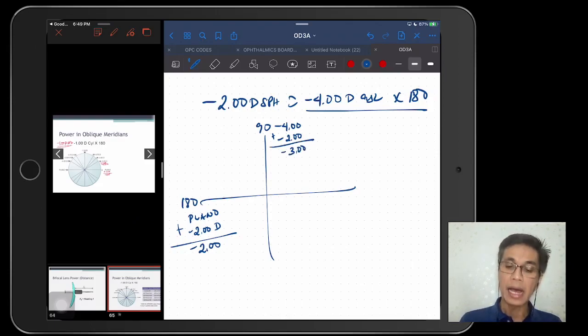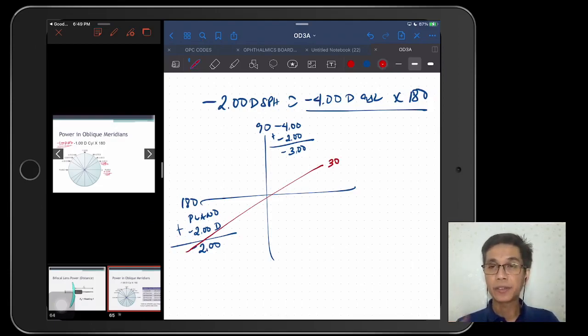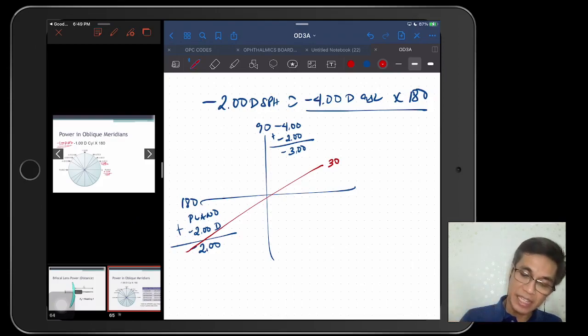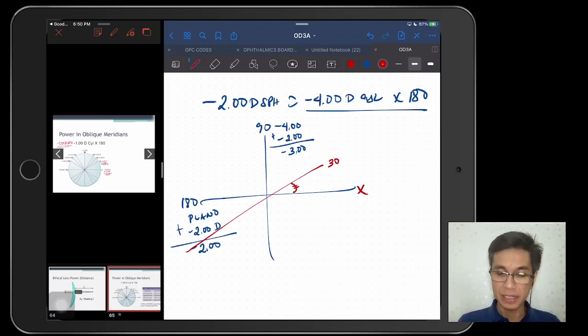Ang tanong, ano ngayon ang tatanggapin ng 30th meridian? For example, meron tayong 30th meridian dito. By the way, when I say 30th meridian, 30 degrees from the axis. Nagkataon kasi na ang axis natin ay 180th meridian.